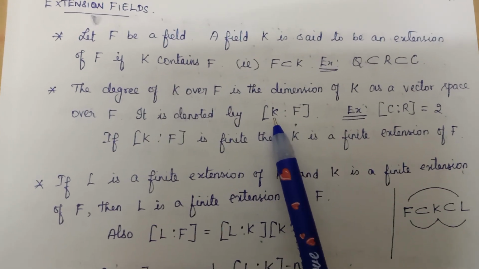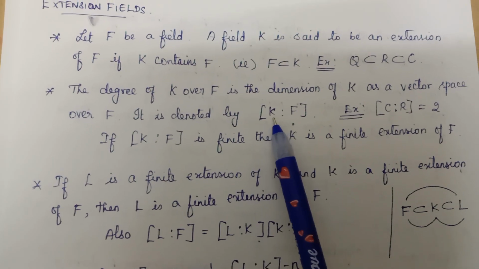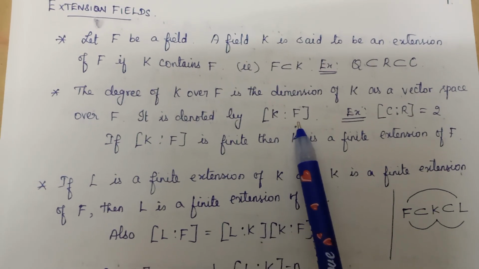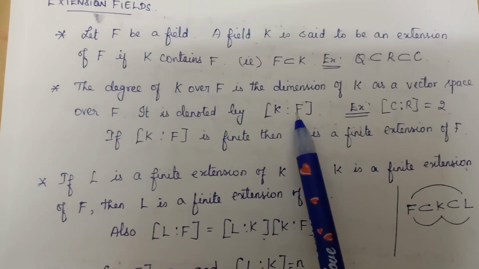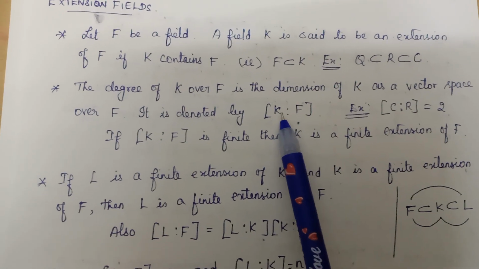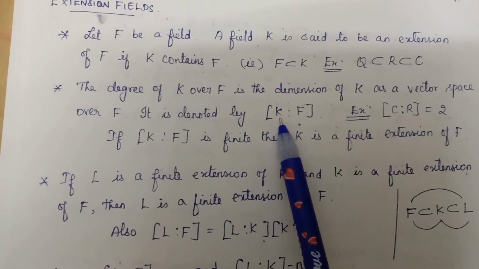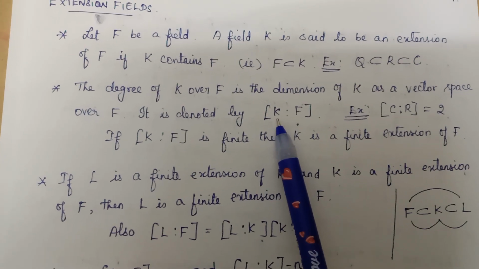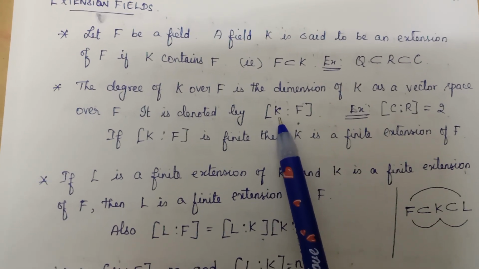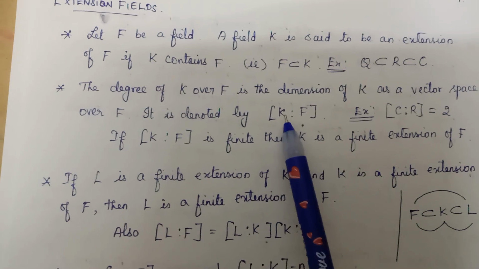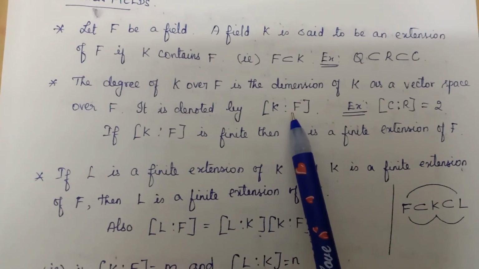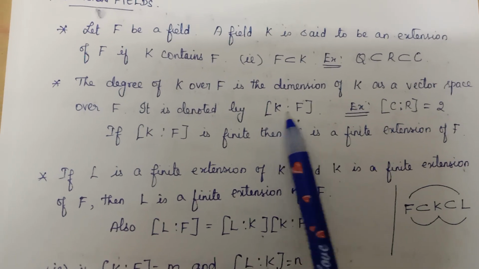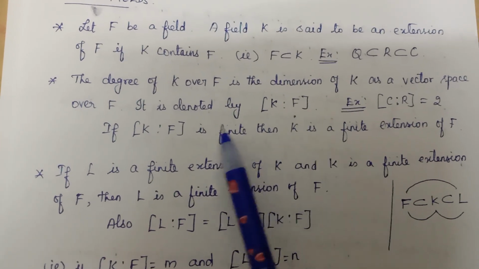Now for defining the degree, you treat K as a vector space over the field F. We know how to find the dimension of a vector space: it is the number of elements in its basis. So if you consider K as a vector space over the field F, then that dimension of K is called the degree of K over F.